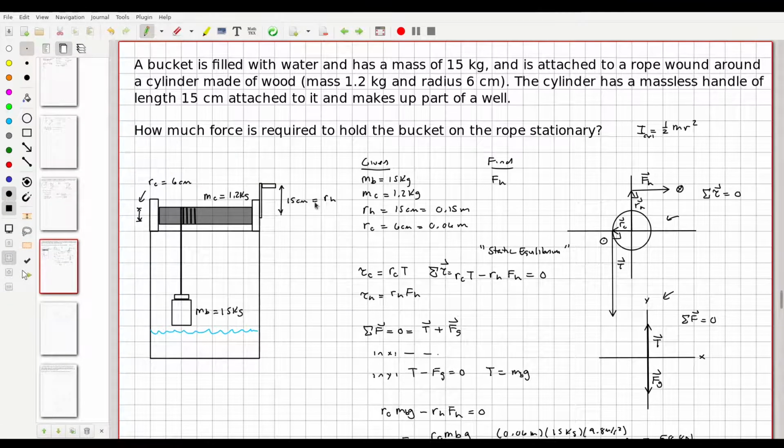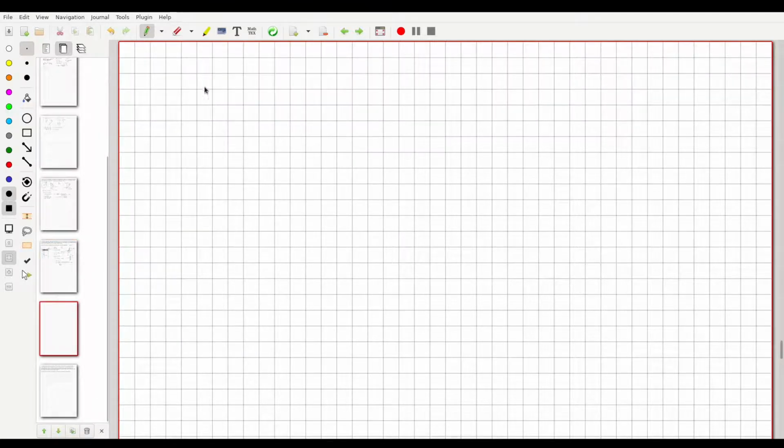All right, so what I want to talk about next is work and torque. So I want you to think about, let me just draw a little thing here, coordinate system. I want you to think about a mass, we'll say, going around in a circle.